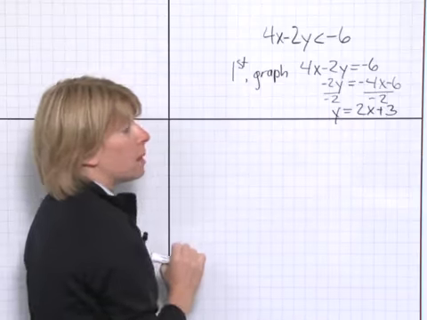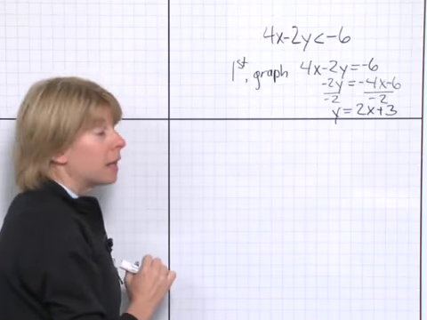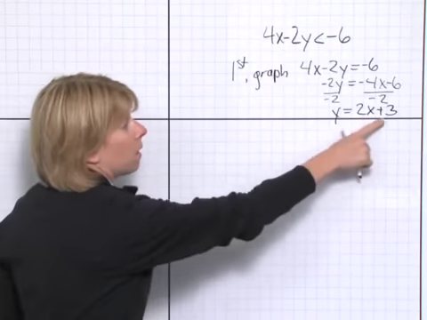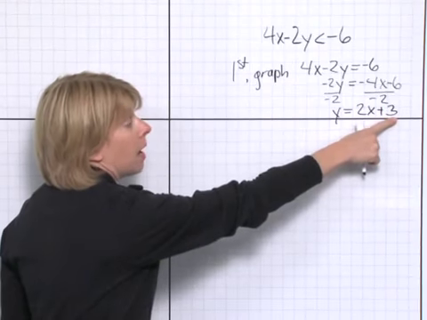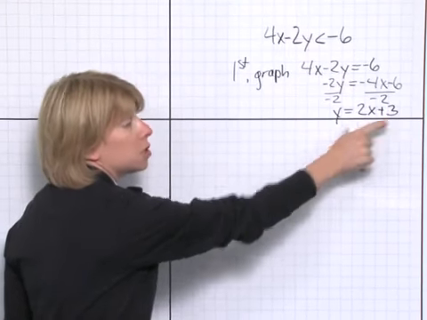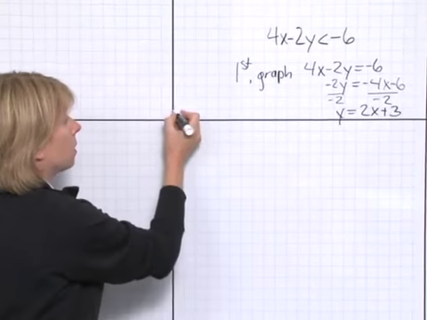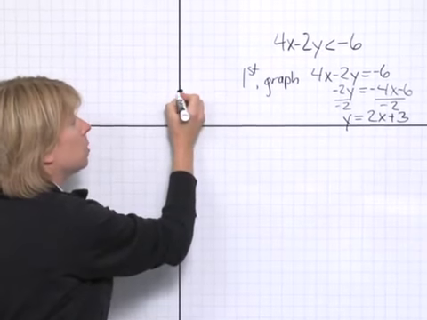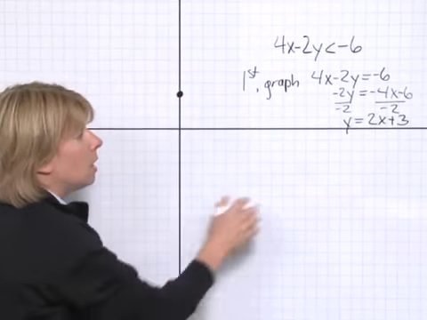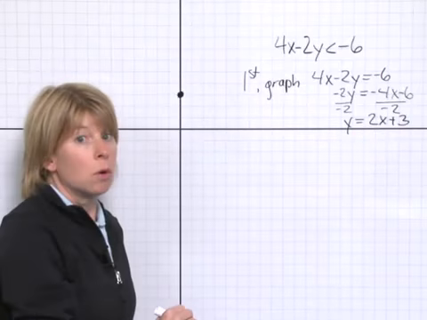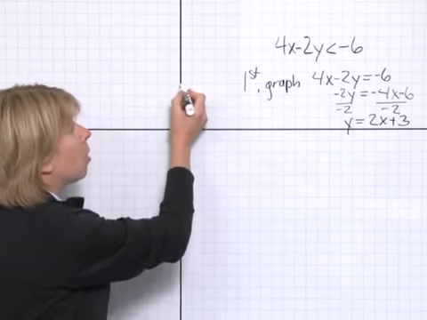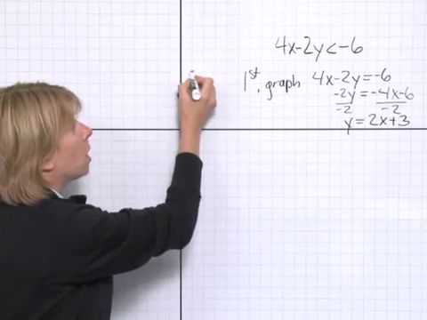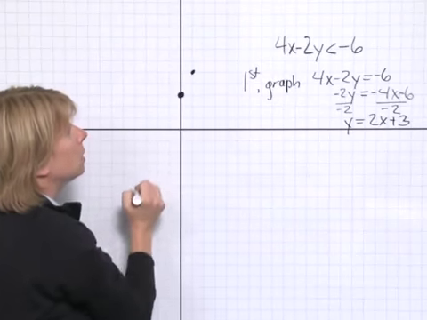So this is the equation for the boundary line, and again I want to graph that line using a dashed line. This equation is in slope-intercept form. I have the y-intercept at 3, so across the y-axis at 3, and the slope is 2, or 2 over 1. So from the y-intercept, I go up 2 and right 1 to find another point.